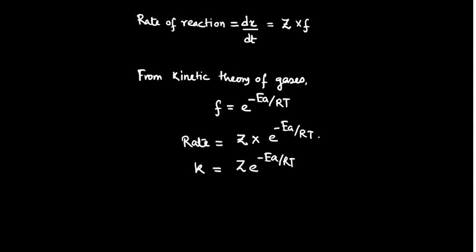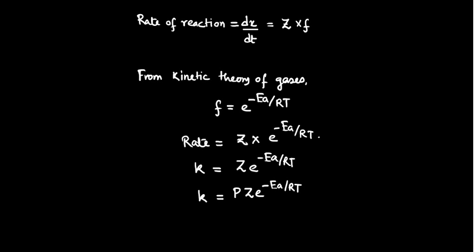So the energy factor has been considered, but we did not take into account another important factor, that is the orientation factor. So, considering the orientation factor, this form gets modified to P into Z exponential minus EA by RT. What is the significance of P here?